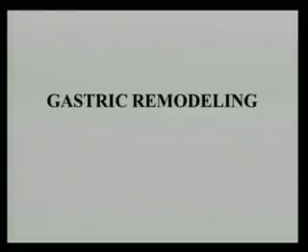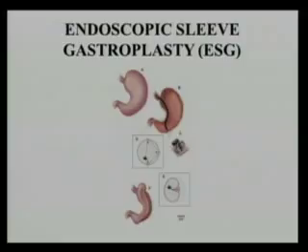So these are what we call space-occupying devices. What about gastric remodeling? What about using the same idea of surgery through the scope to decrease the size of the stomach or alter the surface or the anatomy of the stomach? Gastric remodeling.